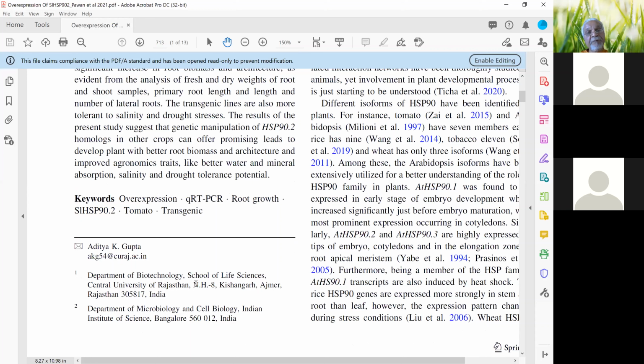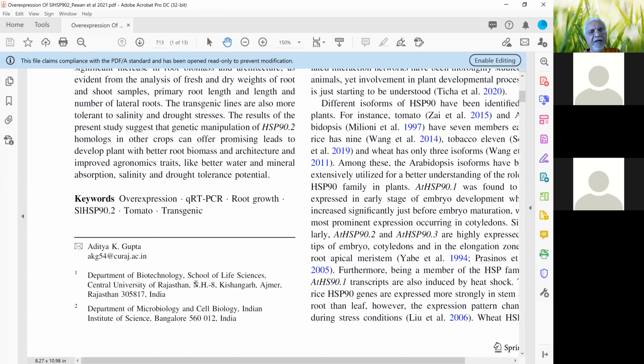So in developing a manuscript or writing scientific communication, you have to give all these things very clearly. The authors who have contributed, and I will come towards the end.